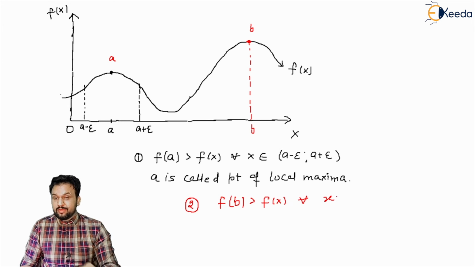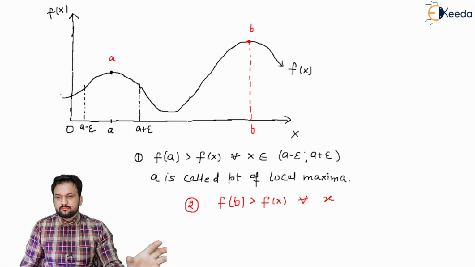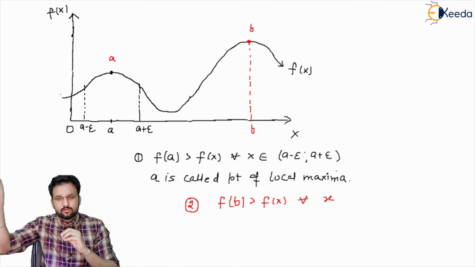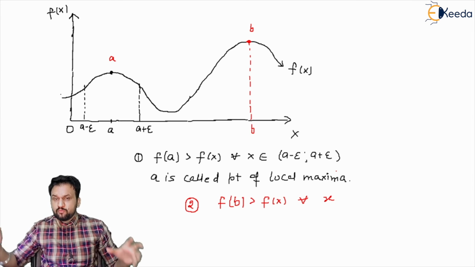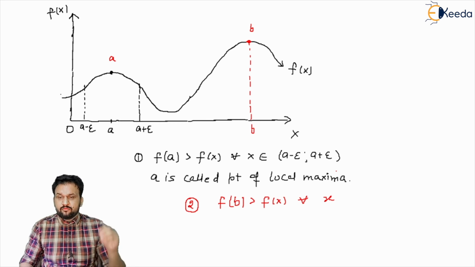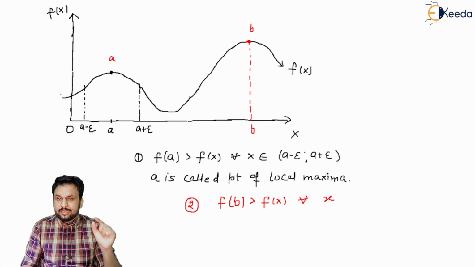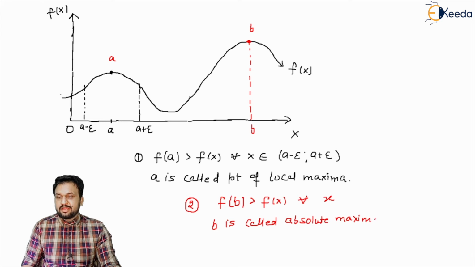Here I'm not giving you any interval; for all x, the complete real line, the complete function, your function gives a maximum value at the point b. In that case you will say b is called the absolute maximum. Clear? So this is the approach for local, and this is the approach for absolute.